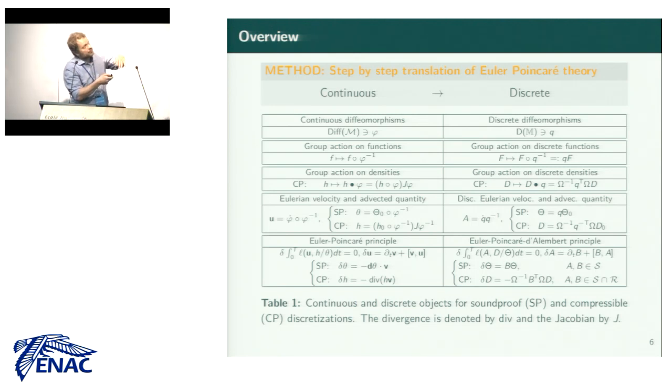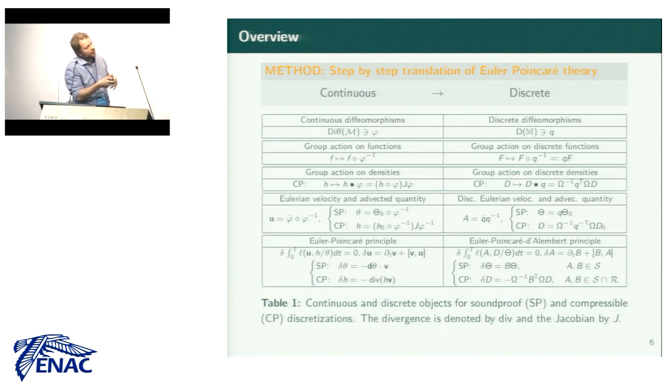So now when we do the reduction process, when we want to describe spatial velocity fields and spatial fields for the height field or for the potential temperature field, this is valid for both cases, and for the soundproof model, we have this relation which comes from the group action on functions, and for the compressible case, we have this action which comes from the group action on densities.